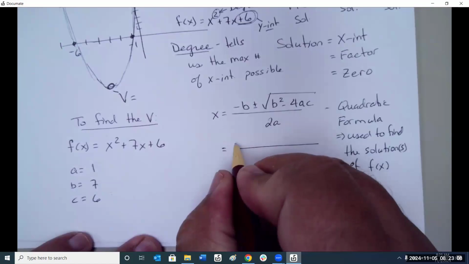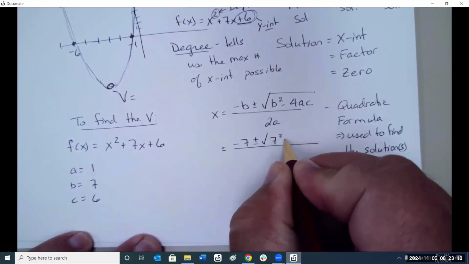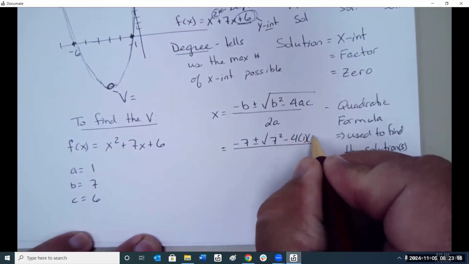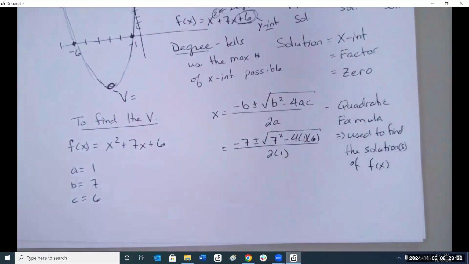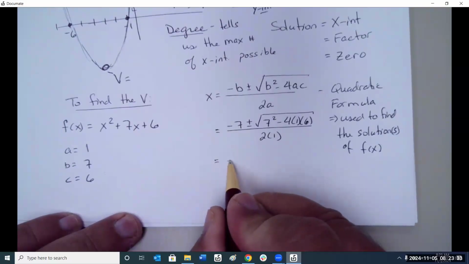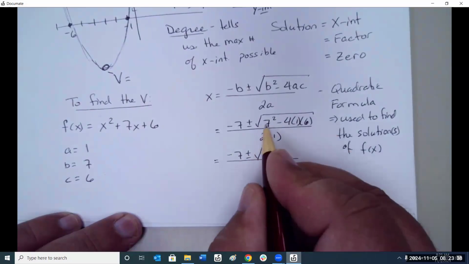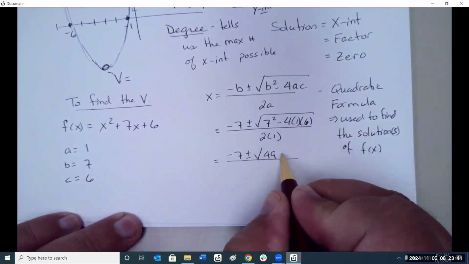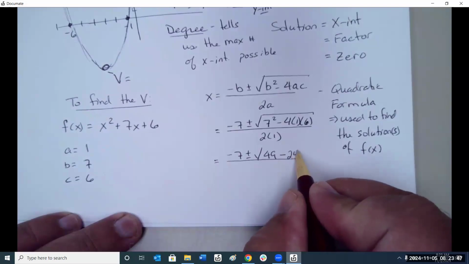Let's go ahead and plug those in. It's negative b, which is negative 7, plus or minus the square root of 7 squared minus 4 times 1 times 6, over 2 times 1. So it's negative 7 plus or minus, inside the radical, 7 squared is 49. 4 times 1 is 4. 4 times 6 is 24.